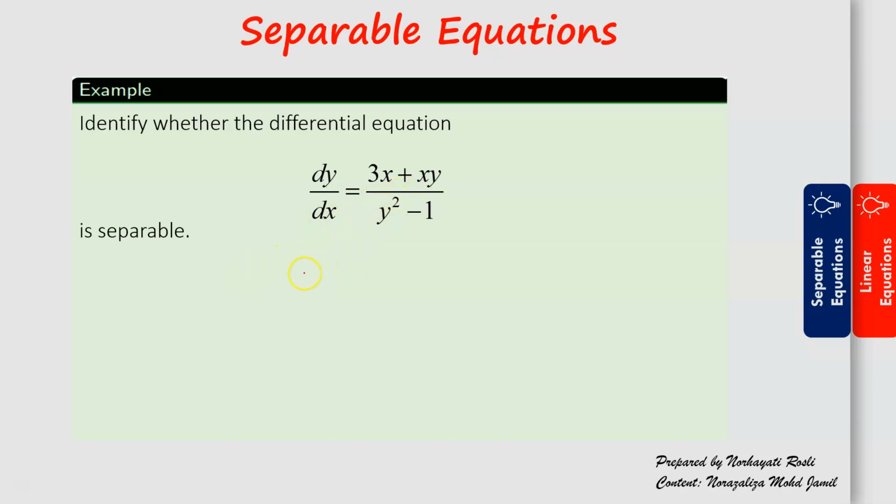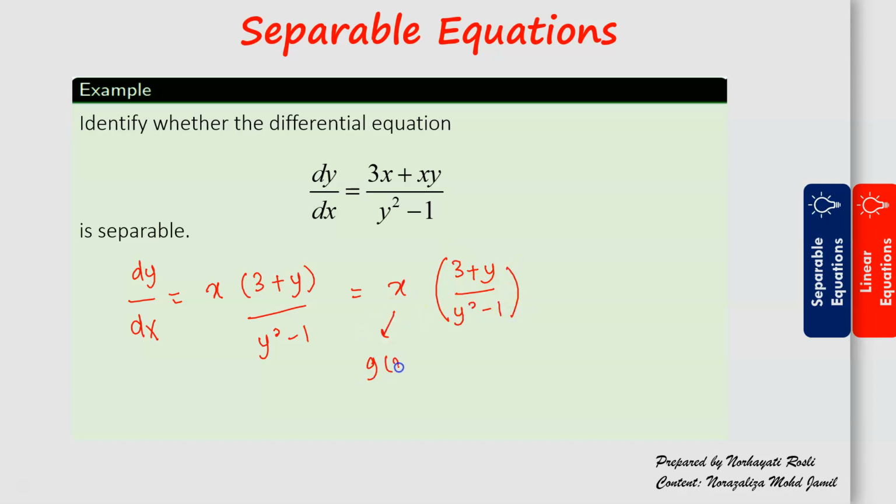Because I can write dy/dx equal to, factorizing the x, x times (3 + y)/(y^2 - 1), where this one is my g(x) and this one is my h(y). So I can say that it is a separable equation.